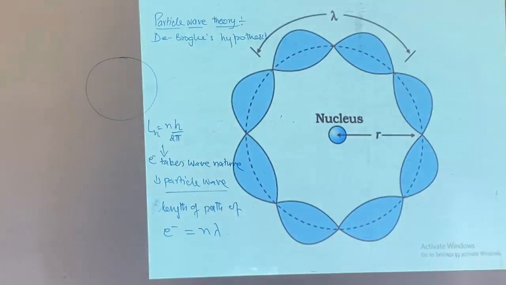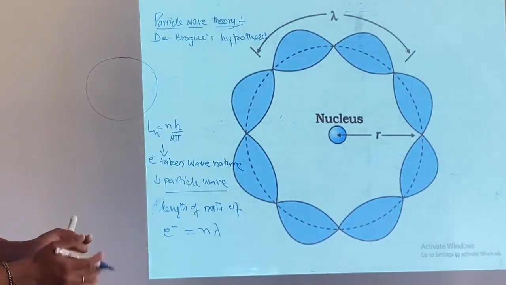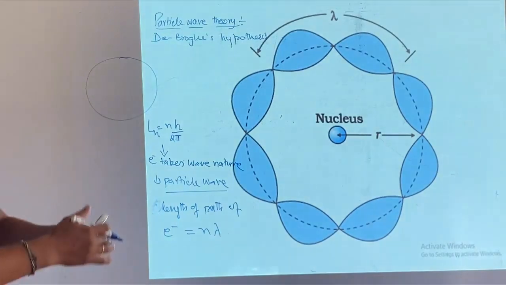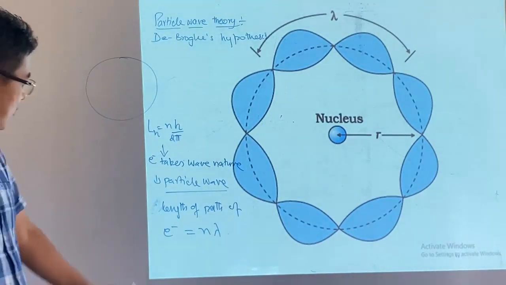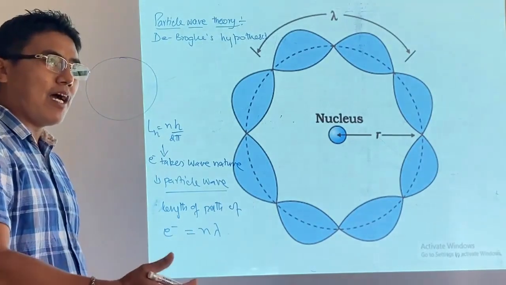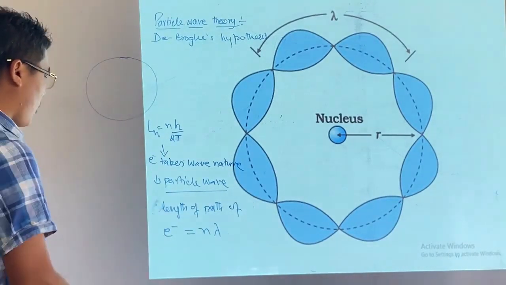N lambda means this could be 1 lambda, 2 lambda, 3 lambda, 4 lambda. It is not half lambda or 1.5 lambda. This is not possible.